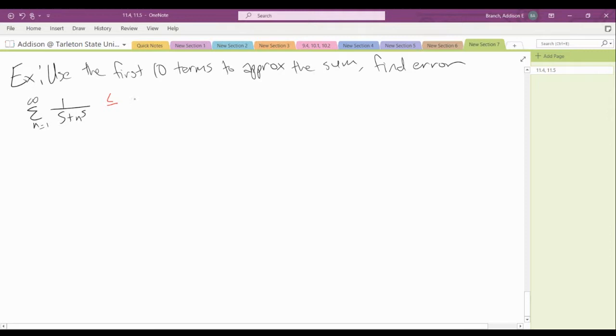So we're going to have to find a series that we can actually work with. One that we can use is 1 over n to the 5th, which is going to be bigger.